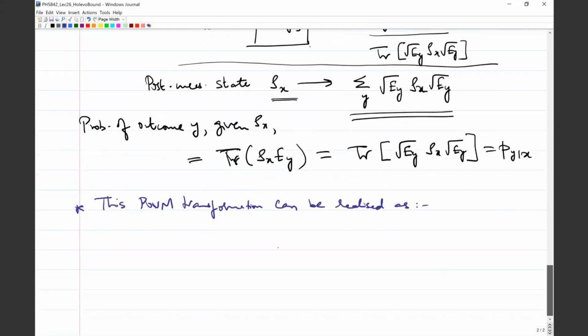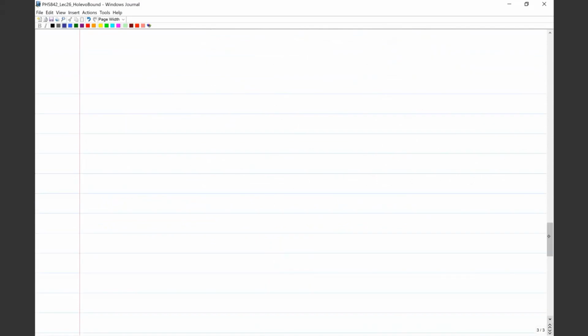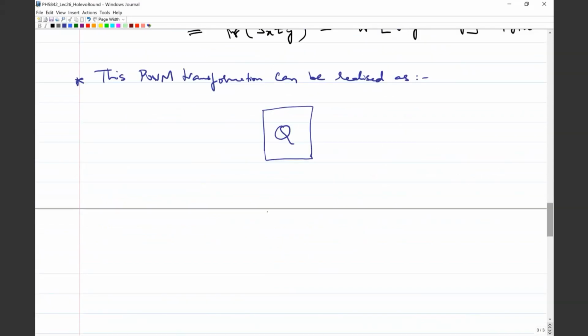So I have this system Q. Now I'm actually drawing two different systems, and there is an M. This is the system of interest and this is the measurement device. The system is in state rho x initially. The measurement device is in state ket 0, and initially they are in a tensor product state, right?